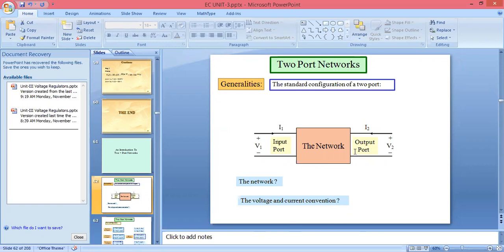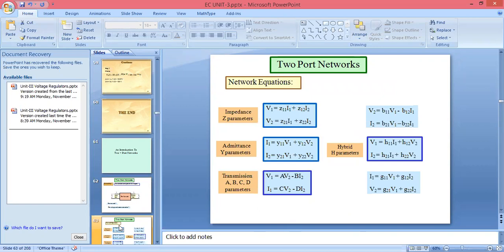Depending on these four variables, we will have six types of parameters in the two-port network, because out of four variables, two variables will be dependent variables and two will be independent. So depending on these four variables, we will get the six parameters in the two-port network.